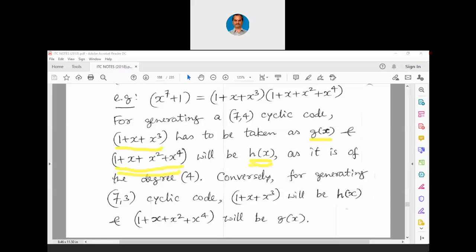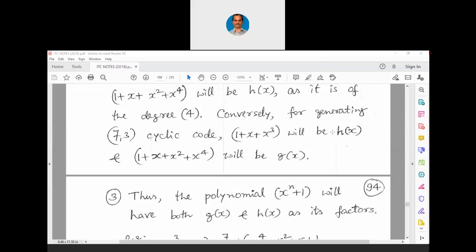Now conversely, for generating a 7, 3 cyclic code, if 1 plus x cubed is used as h of x at the receiver, 1 plus x squared plus x power 4 will be used as g of x at the transmitter. We can make any particular choice, but that is dependent on n, k, right? That is how we have to choose the polynomials. So that is why I told that x power n plus 1 term is going to become important for us for choosing the generator polynomials and the parity check polynomials. Both must be the factor of x power n plus 1.